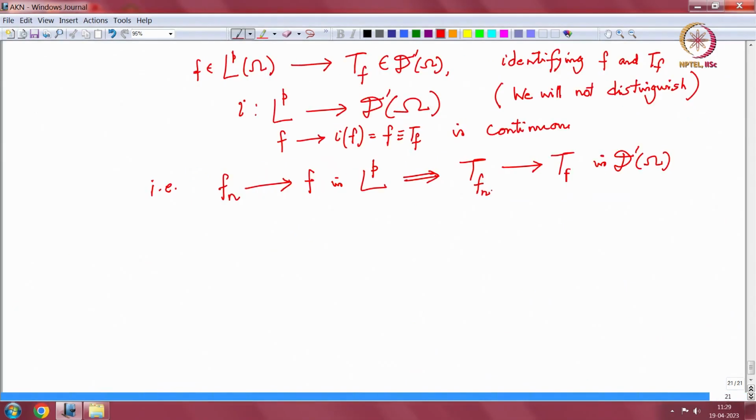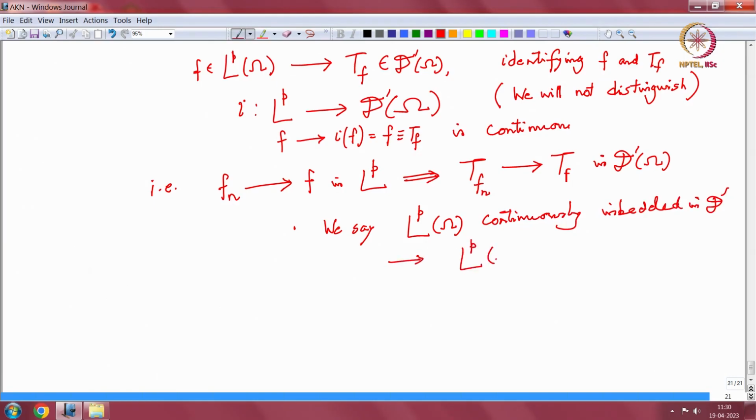So, if such an identity mapping is continuous, we say L^p of omega is continuously embedded in D prime, and we use the notation.